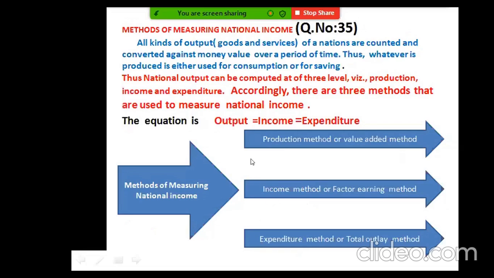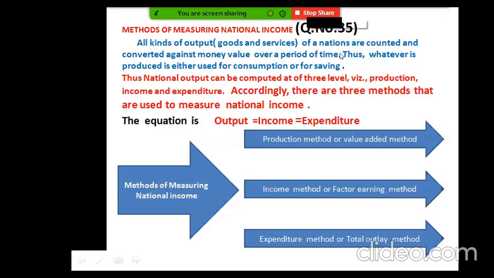Next, move to the methods of measuring national income. All kinds of output, that is, the goods and services produced in a country, are counted and converted into money value over a period of time. Because for easily measuring a nation's income, the goods and services are converted into monetary value, which is an easy tool to calculate the nation's income.